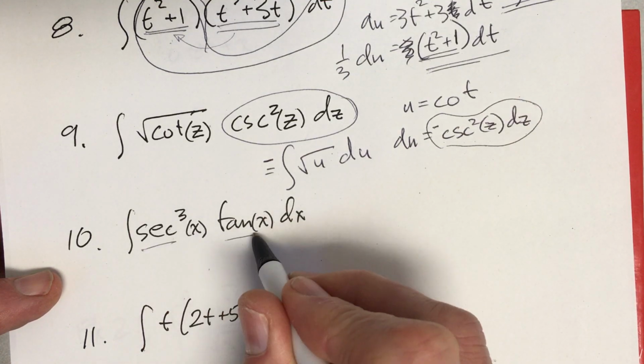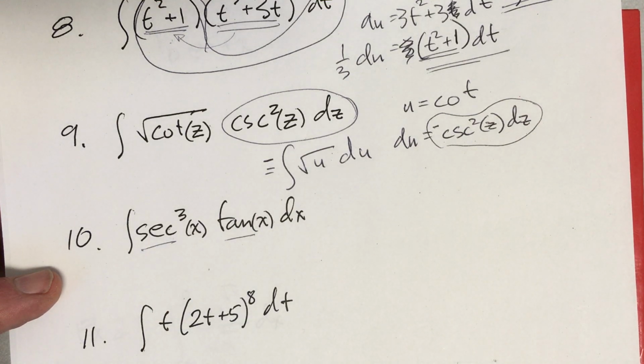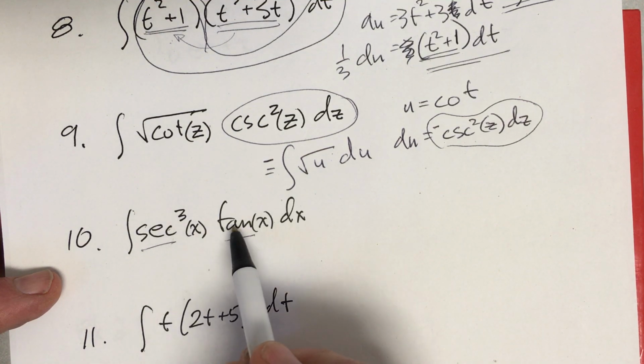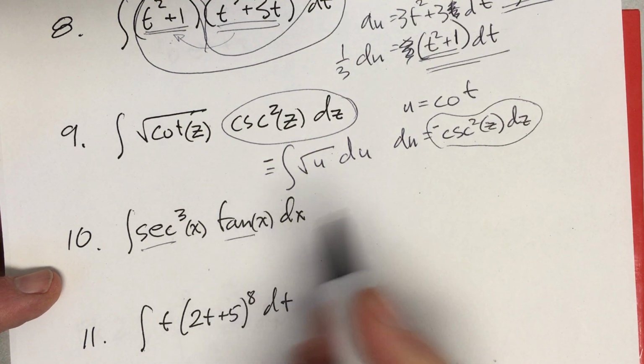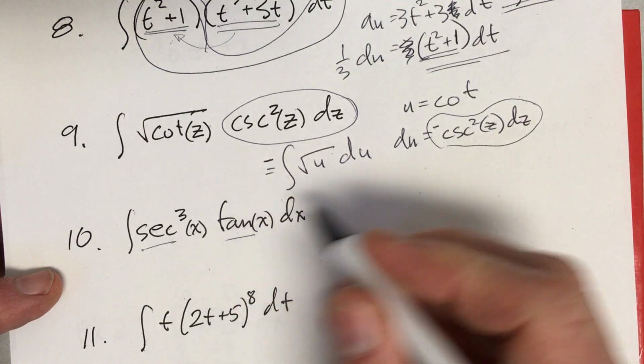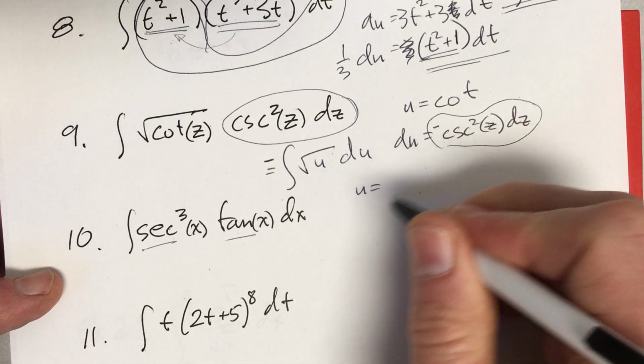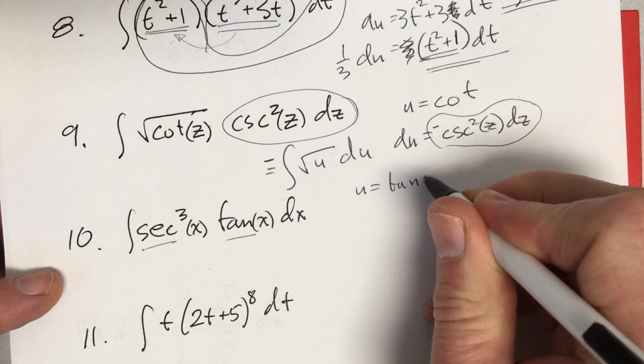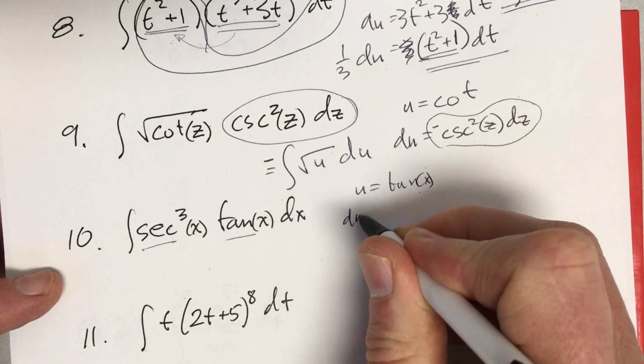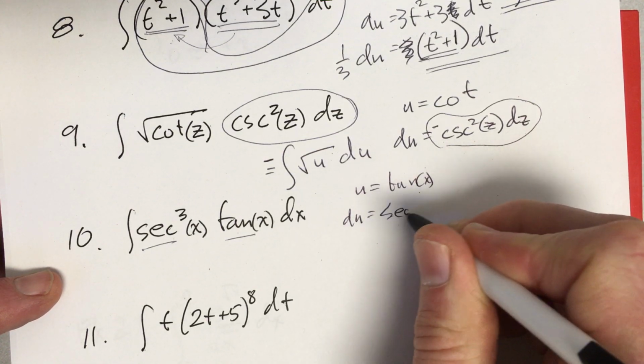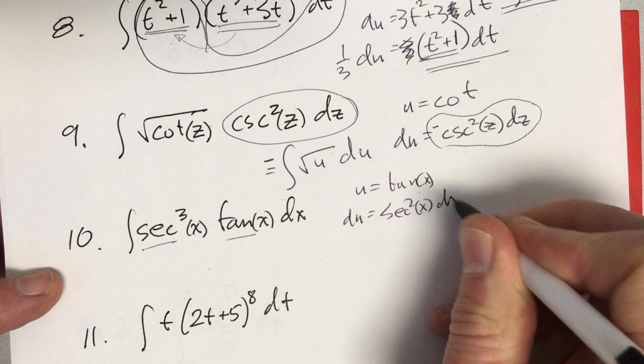Again, secant and tangent, okay, a little bit more difficult here. You have to start thinking about what's the relationship between any of these. Well, if I take the derivative of the tangent, like I just said, I get the secant squared. So du is secant squared of x dx.